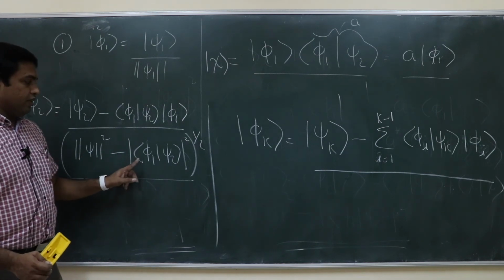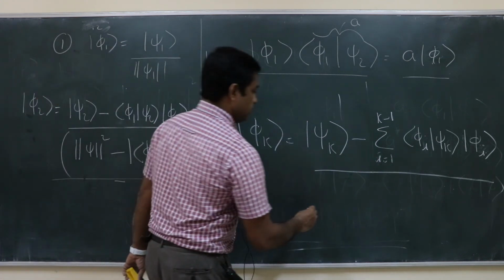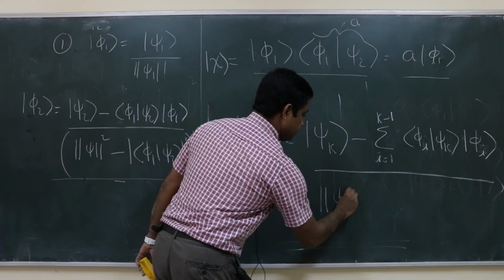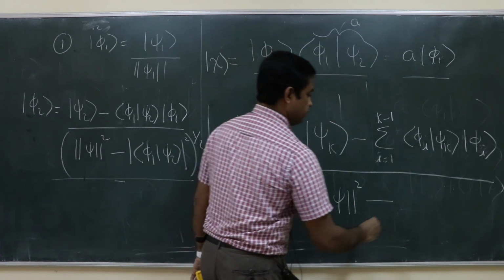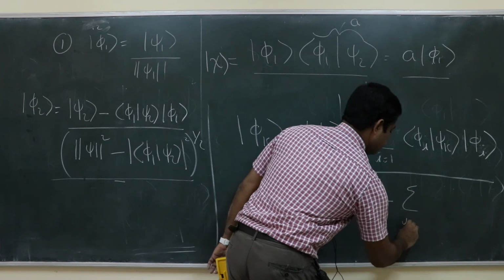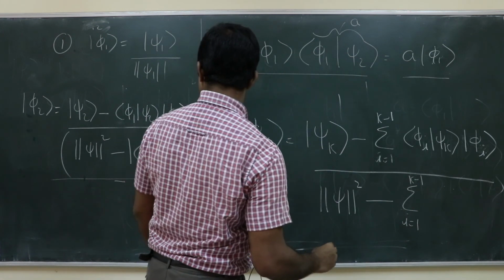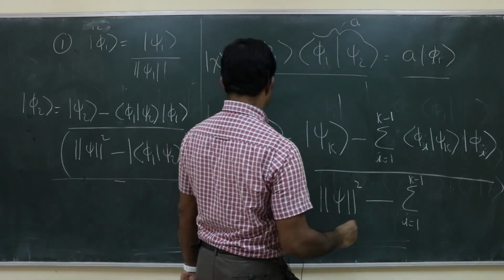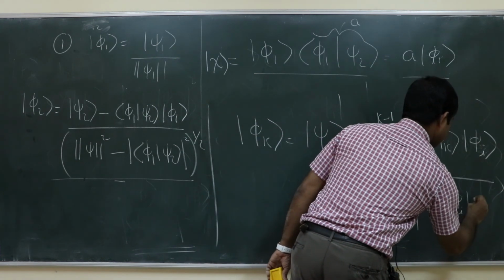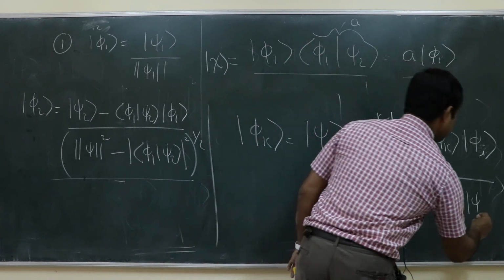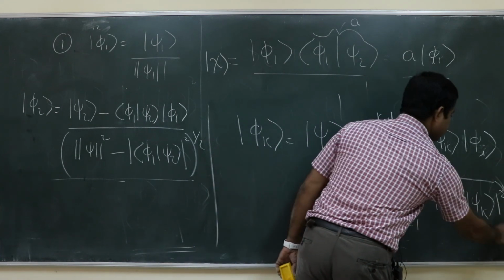So you will again have k minus 1 terms like this, so that you have to sum, power 1 by 2.